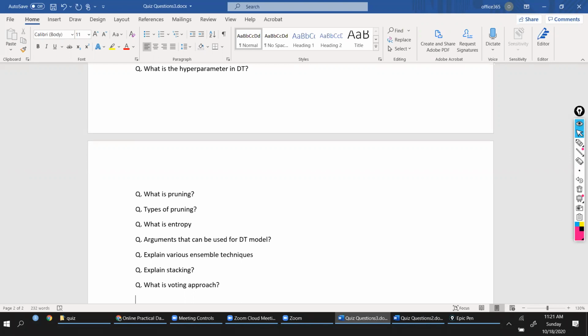Going for majority, used for classification, combining predictions of different algorithms, weighted average. Okay. So voting basically is a technique which is applied for taking the aggregated output. It gives us aggregated outputs.